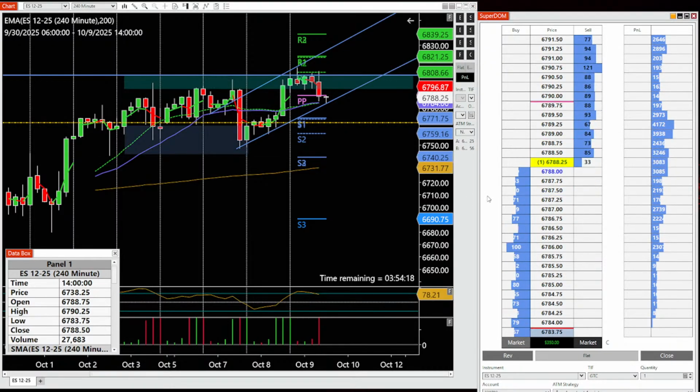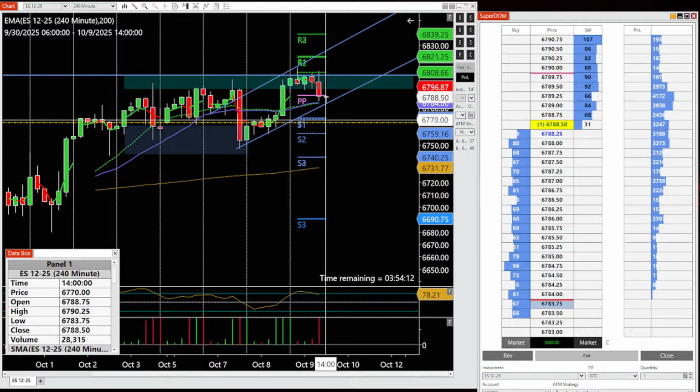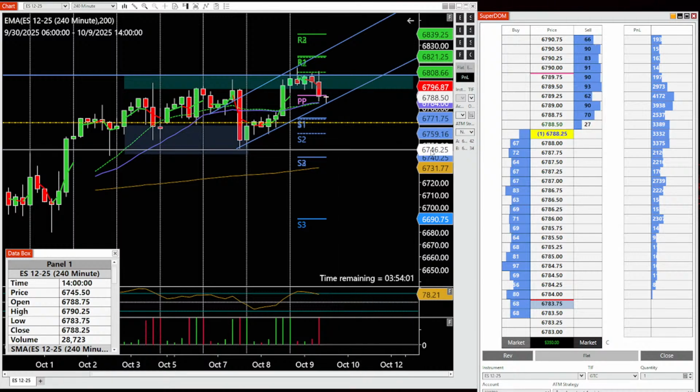Let's see. So off that, it bounced how far? Off the 94, it bounced up to 84. Is that 84? 6 points. 90.25. It bounced about 6 points.